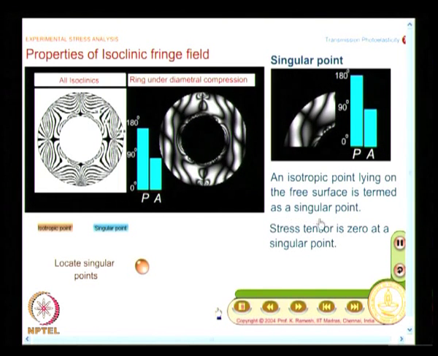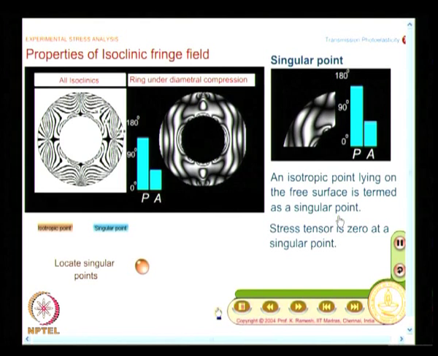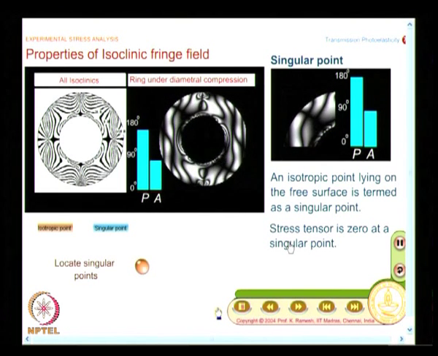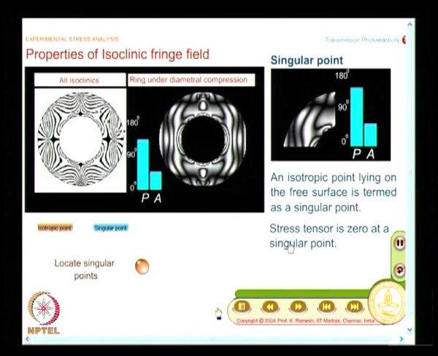What happens in a singular point? We not only have fringe order 0, but the stress tensor is also 0. Why is it 0? Because it is a free surface, there is no stress acting perpendicular to the direction, it can only be tangential, and you do not have anything perpendicular, that is 0.